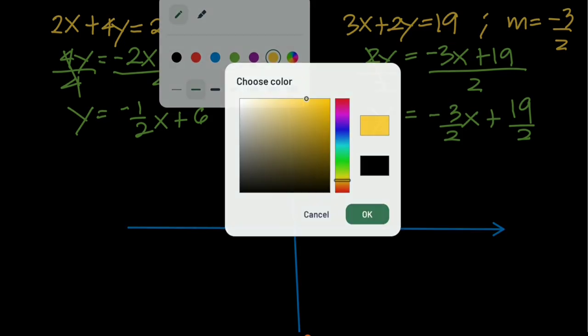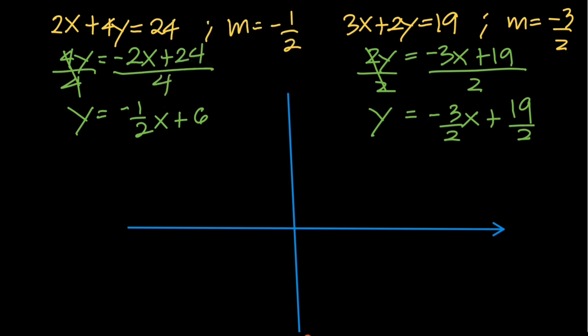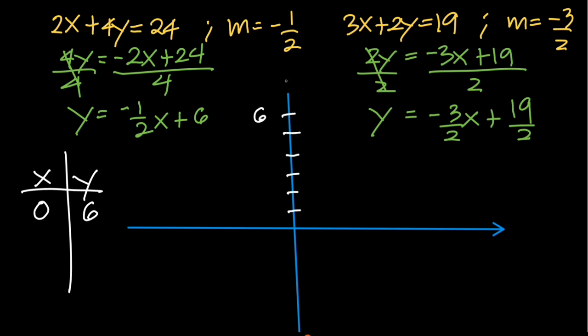Let's graph the first equation first. Let's assign values for x to solve for y. Let's say x is 0. When x is 0, y is 6. So 1, 2, 3, 4, 5, 6.